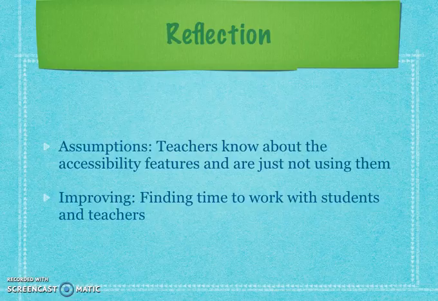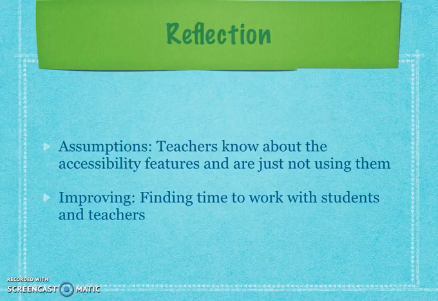Prior to completing this project, I had many assumptions about what my findings would be. I had thought that no students or teachers were previously using accessibility features as an accommodation for students with disabilities.